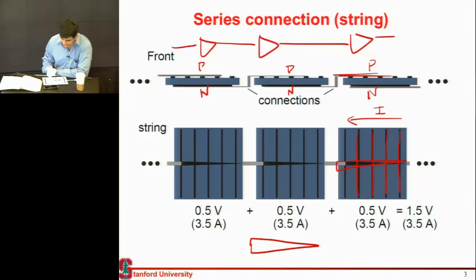So to minimize that resistive loss, or that I square R loss, as you move along this length of the solar cell, you usually increase the width of this bus bar. And then at the end of this bus bar, you have these ribbons coming out, and you take that ribbon and connect it to the bottom of the other cell, and that's how you connect them in series.